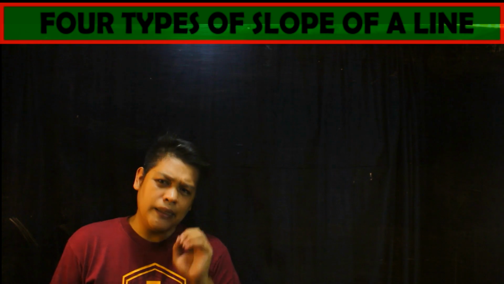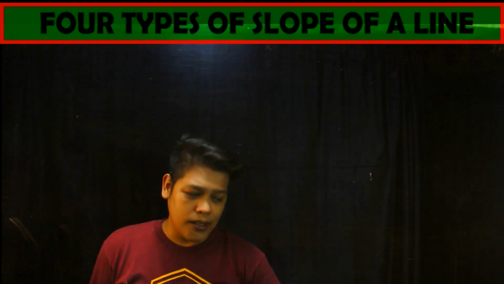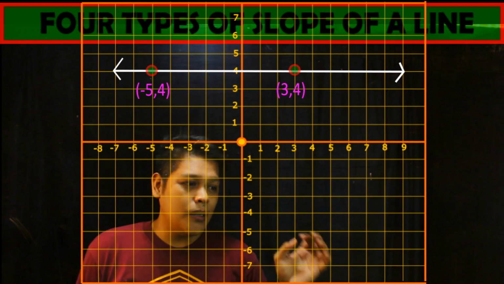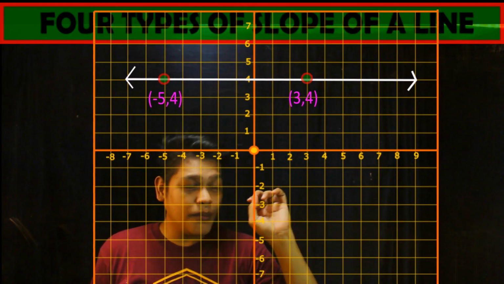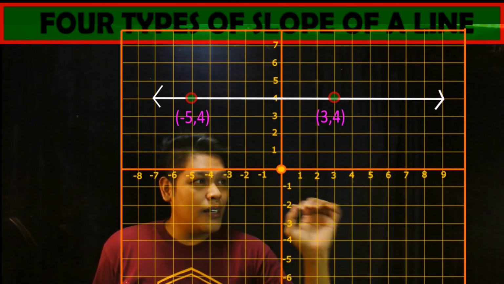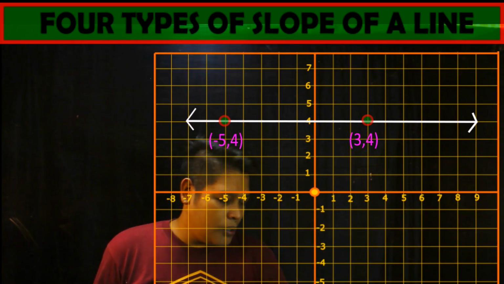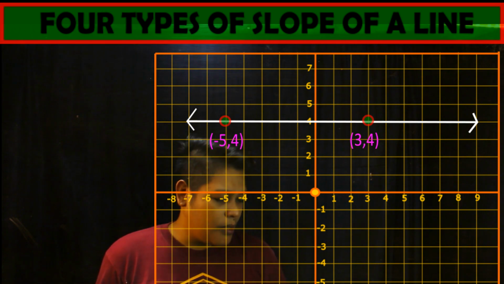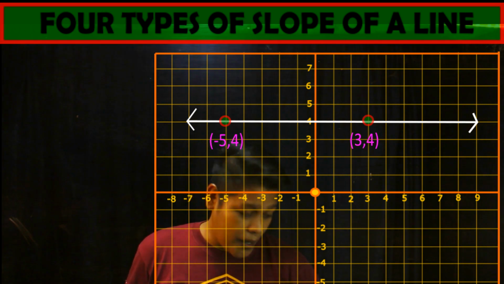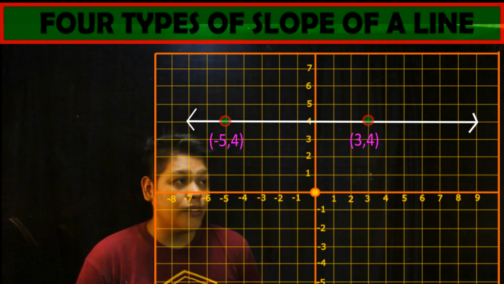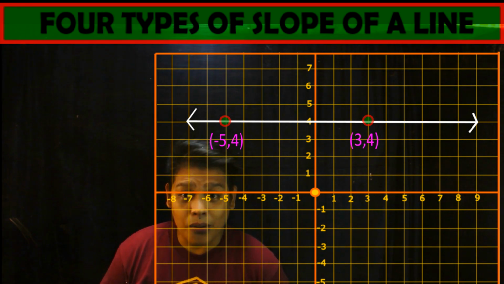So ngayon, try natin i-solve yung zero na slope. In this Cartesian plane, makikita natin na may line, horizontal siya, and then choose two points on the line. In this line, meron tayong negative 5, 4, then 3, 4. Again, what is our slope?